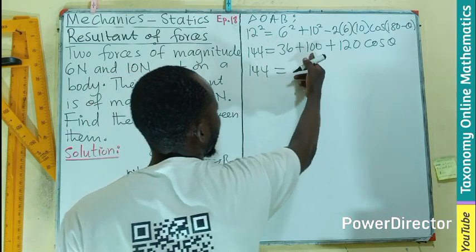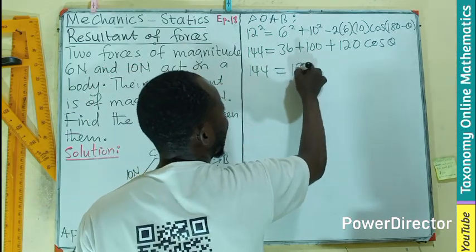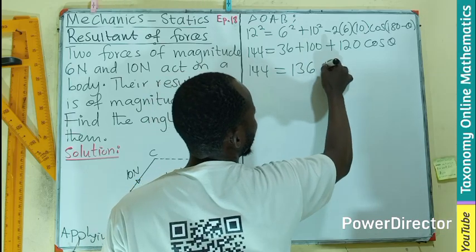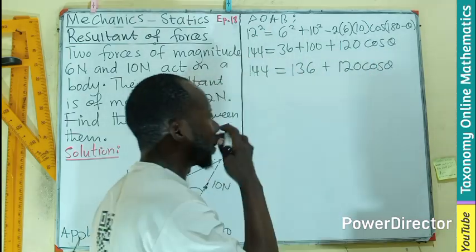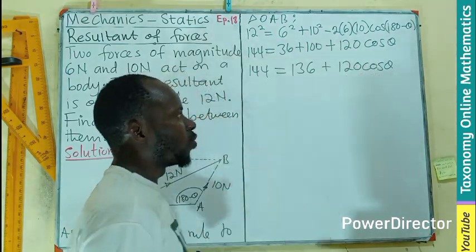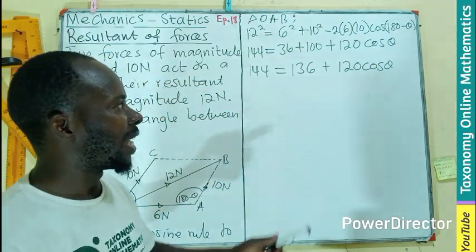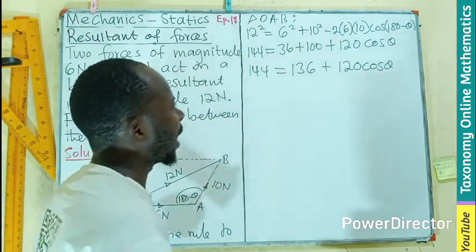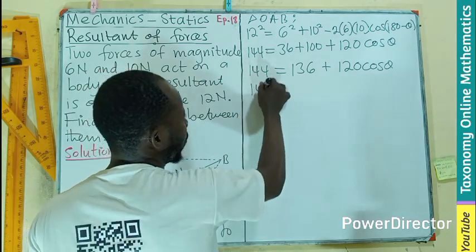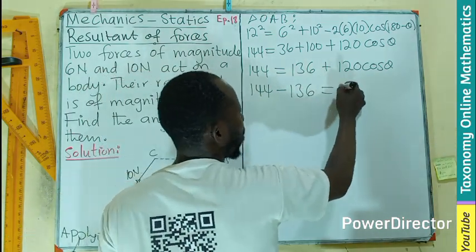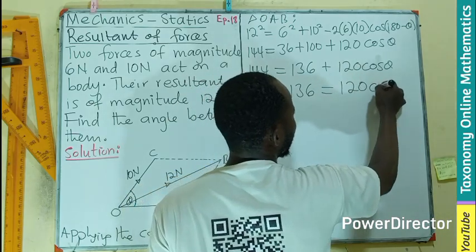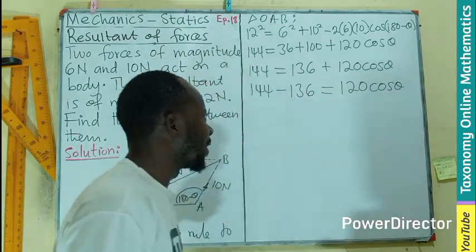So let's go forward and have 144 equals, here will be 136, I guess, plus 120 cos theta. We are looking for theta, so we can maintain the 120 cos theta there and take away this from both sides, meaning 144 minus 136 should be equals to 120 cos theta.